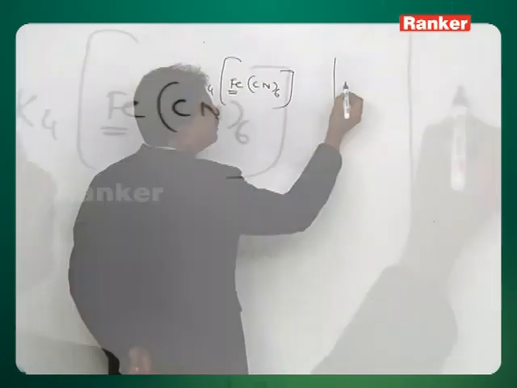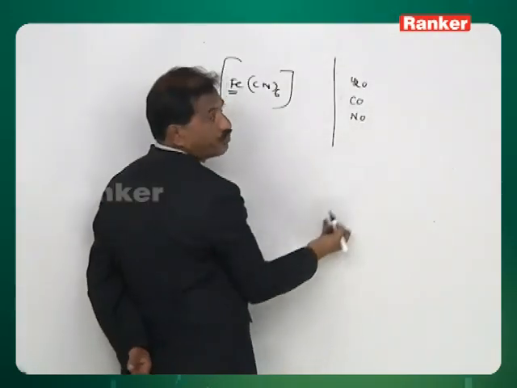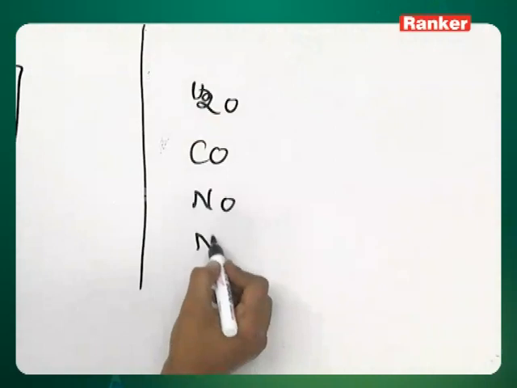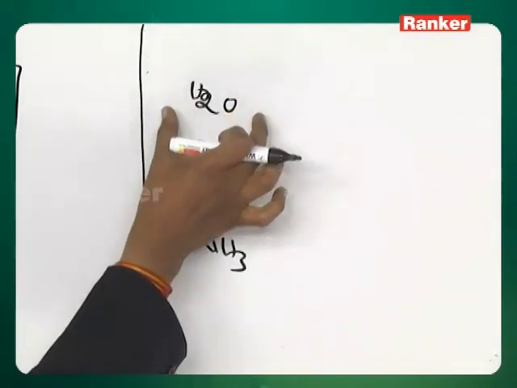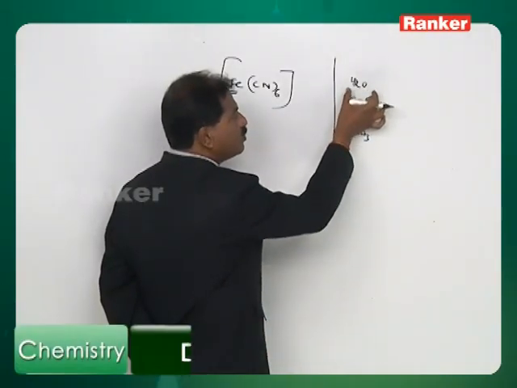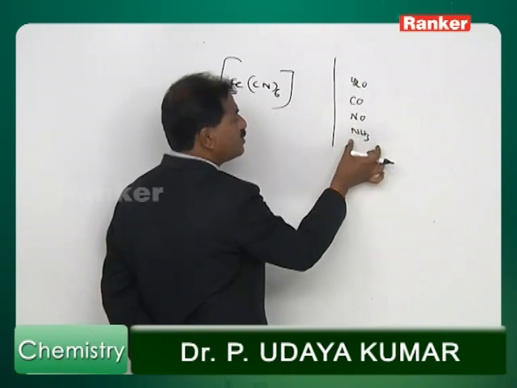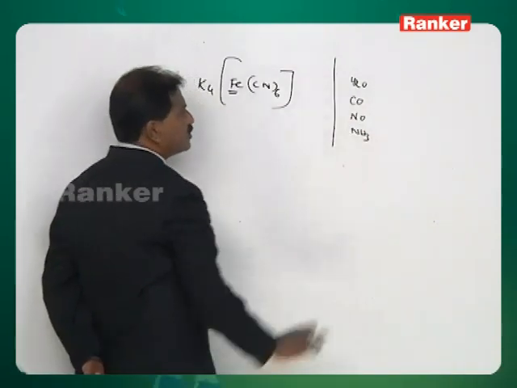Inside the complex, whenever you find H2O, CO, NO, or NH3, these ligands are usually considered neutral ligands. Therefore, the charge carried by each molecule of H2O, CO, NO, NH3 is 0, and their oxidation state is 0.